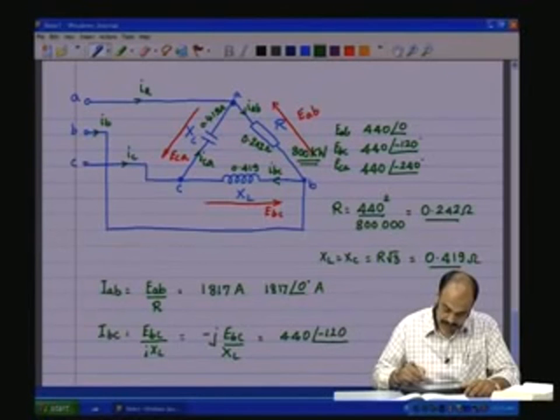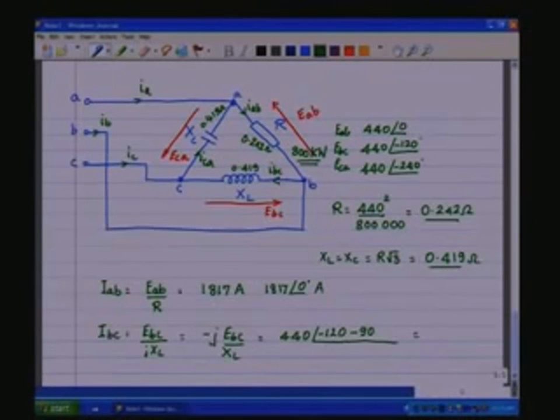All these angles will get a minus 90 provided by this J. So, this is going to be divided by 0.419 ohms. So, this would be 1047 amps at an angle of 210 degrees.